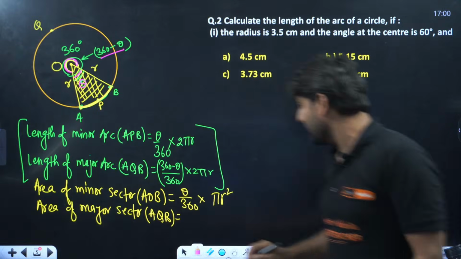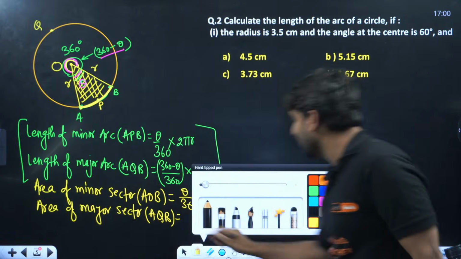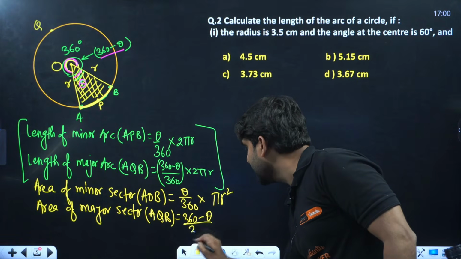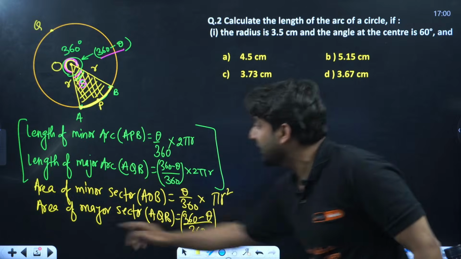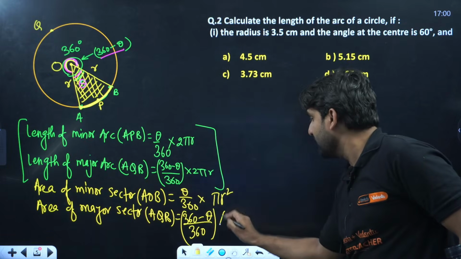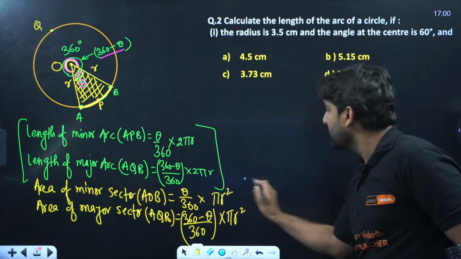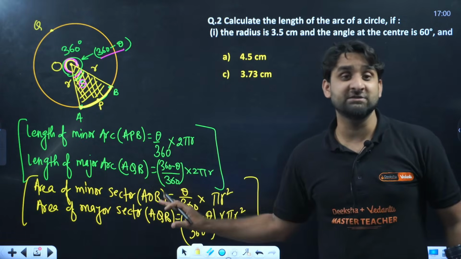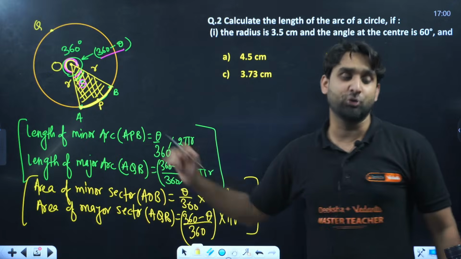So the formula will look like 360 minus theta divided by 360, and again since we are dealing with area, into pi r square. So my dear class 9th ninjas, there are 4 powerful formulas. Please write them down in your notebook, everyone.